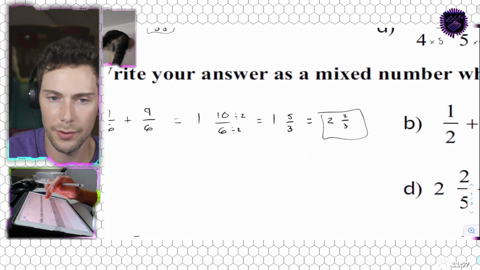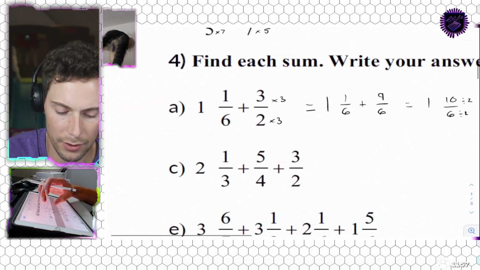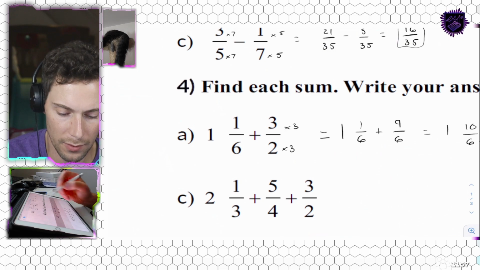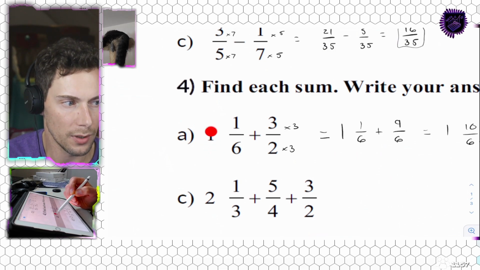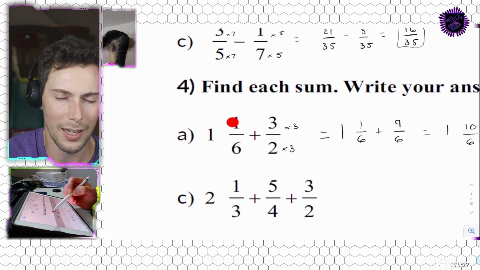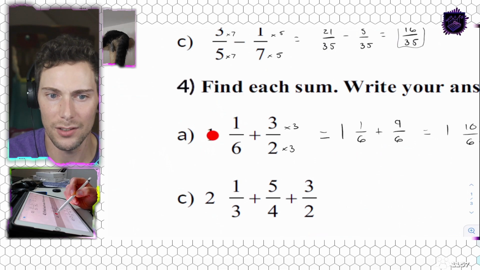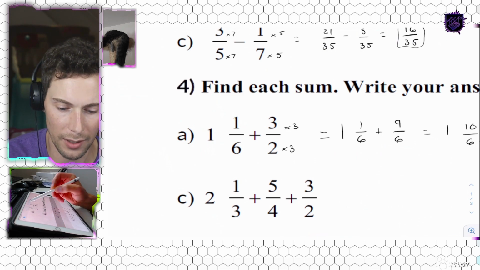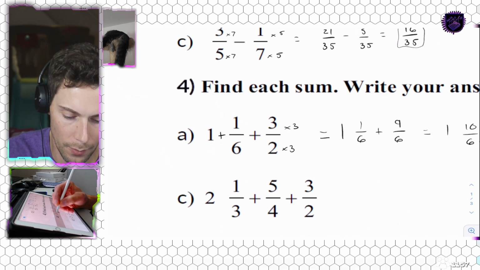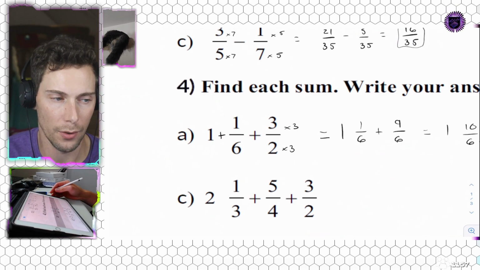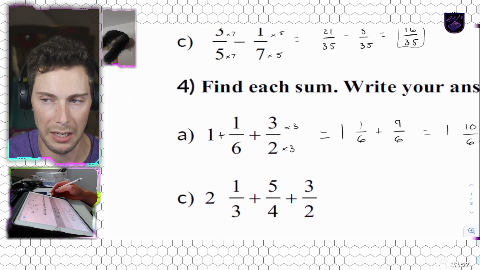You might be wondering why I never changed this one here into an improper fraction. I never do that when I'm adding, because I look at it like this: 1 plus 1/6 plus 3/2.